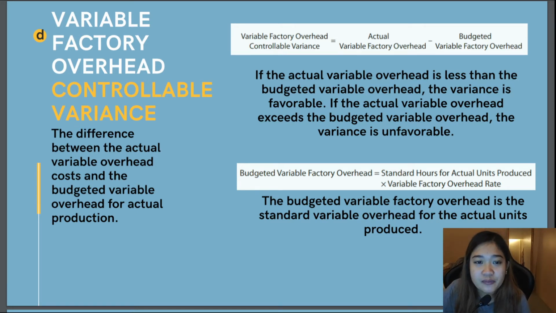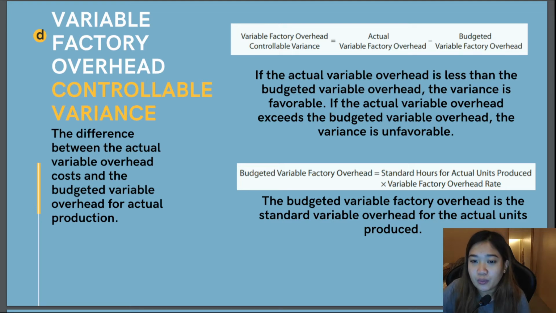The budgeted variable factory overhead is the standard variable overhead for the actual units produced. So we have standard hours for actual units produced times variable factory overhead rate.